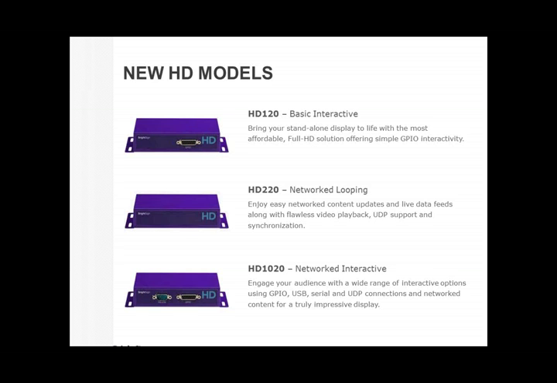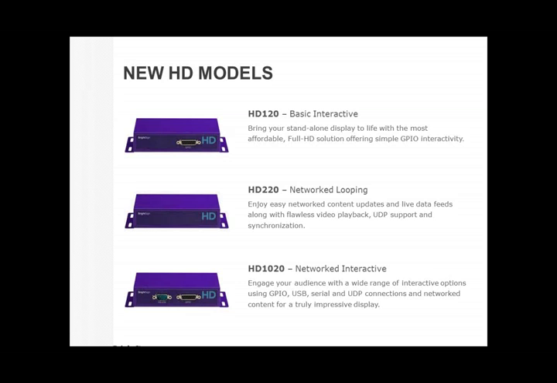And by interactive, we mean that the player expects to receive input from an external device, such as a touchscreen or a barcode reader or perhaps a keyboard and mouse. This player has the I/O essential to accomplish that. It has a serial port that allows it to talk to external devices via serial. That could be a display, or some other device.